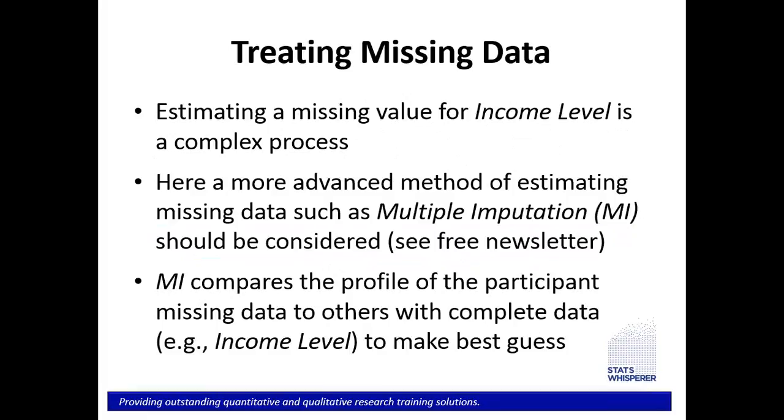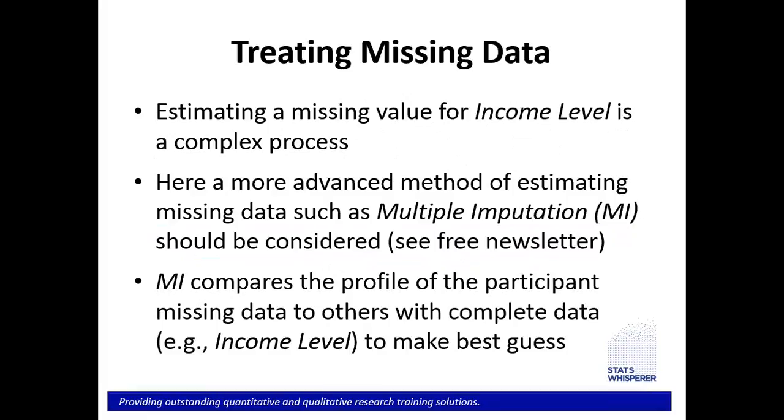What MI does is it compares the profile of the study participant with other study participants' profiles, and it looks at their income and their characteristics, and then it tries to estimate what the missing income value would be for the study participant with the missing value. It makes a best guess. And as you might imagine, guess is not my favorite word for this.